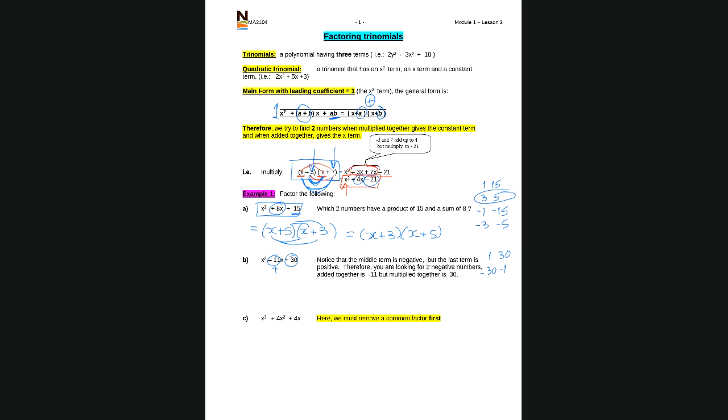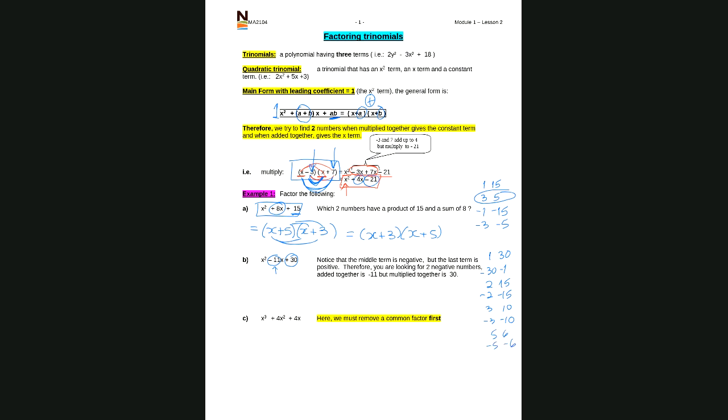There's 2 and 15, so that's positive or negative. And there's 3 and 10. And there's also 5 and 6, because that's the answer. The negative 5 and negative 6.